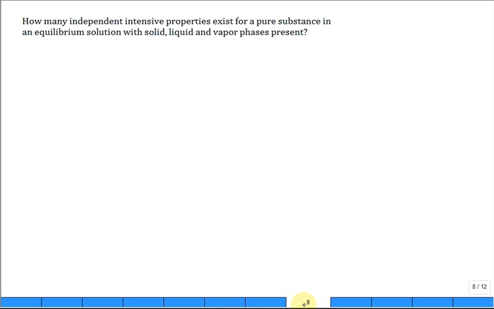Another application. How many independent intensive properties, that is, how large is F, exist for a pure substance in an equilibrium solution with the solid, liquid, and vapor phases present? So how many phases are present? 3. How many components are there? Why is it 1? Because they said it was a pure substance, not a mixture of water, ammonia, or whatever.